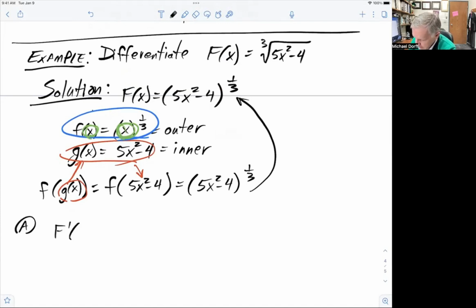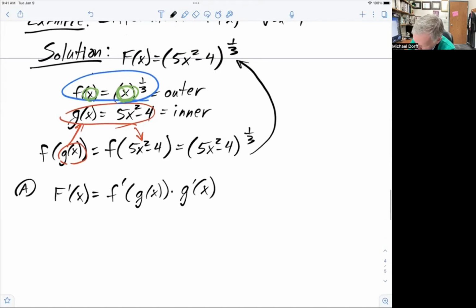So the derivative of that original function, the derivative of capital F, is going to be little f prime evaluated at g times g prime of x. And again, let's work out the derivatives of f and g. f is x to the 1/3, so when I take its derivative, that's going to be 1/3 x, and now I have to subtract 1 from 1/3.